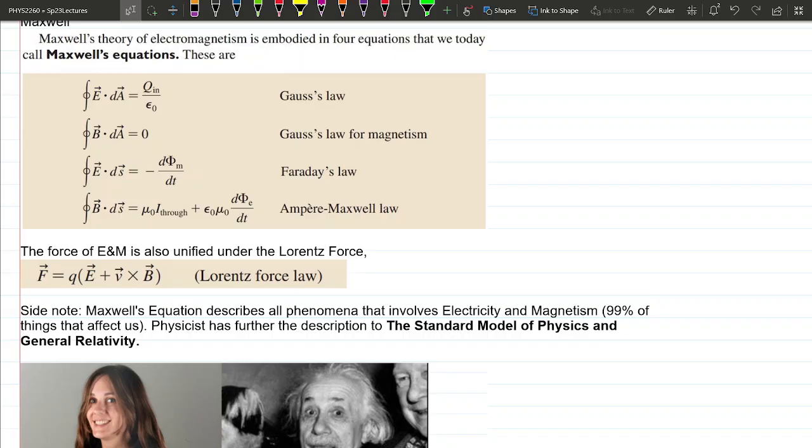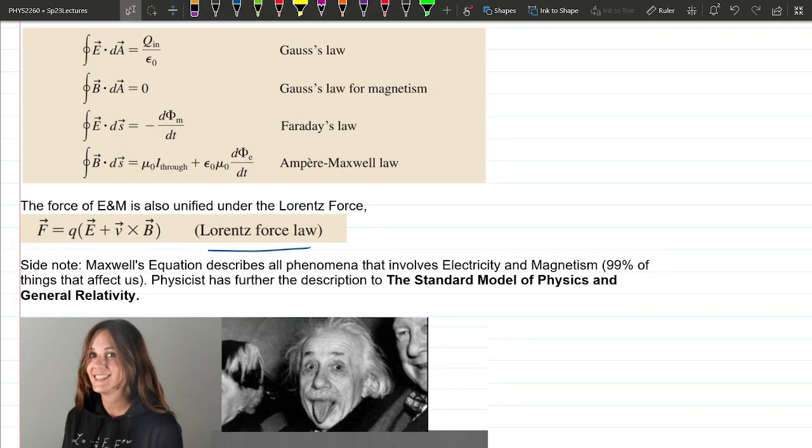If that charge is moving in a magnetic field, that also gives you the magnetic force. The addition of these two forces is known as the Lorentz force law. It tells you exactly how much force is applied to a particular charge moving in an electric or magnetic field. So all of this is all you need to do 99% of everything in this world.